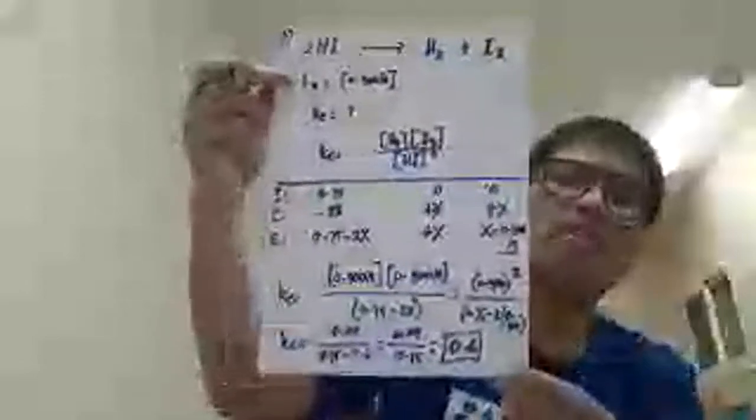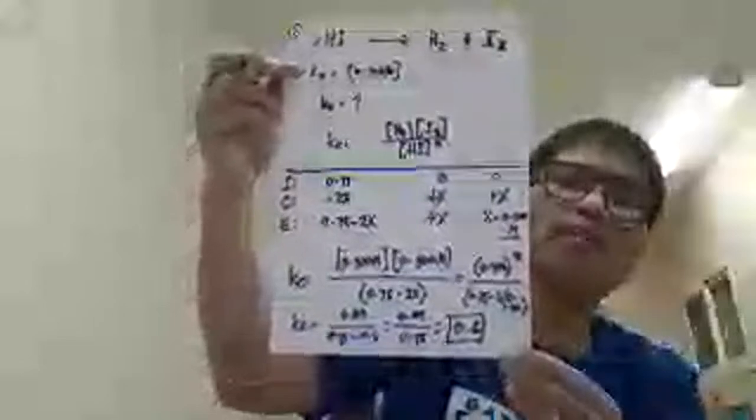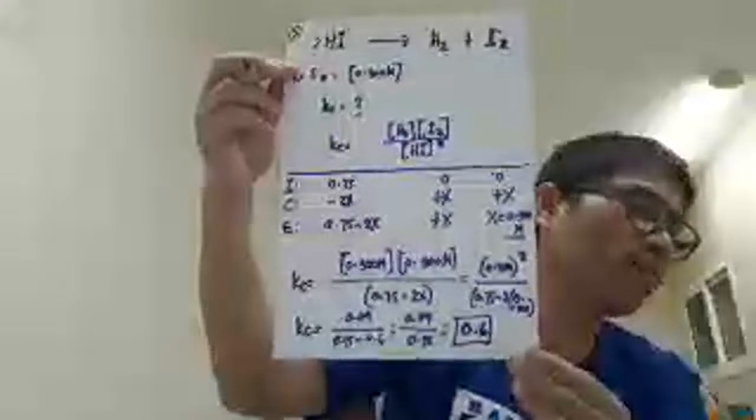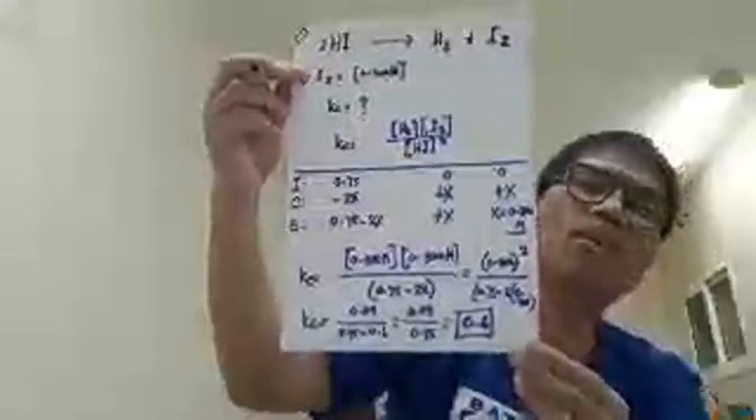Oh, perfect. Our Kc, which is being asked, the equilibrium constant of the mixture, will be equal to 0.6. So that's our answer for the problem. Calculate the equilibrium concentration of each in the mixture. Our answer is 0.6 molar.